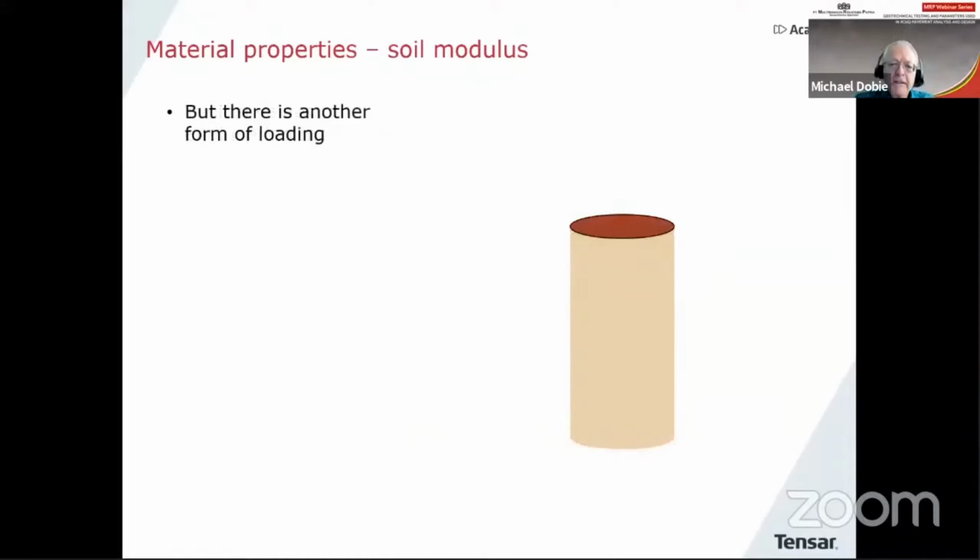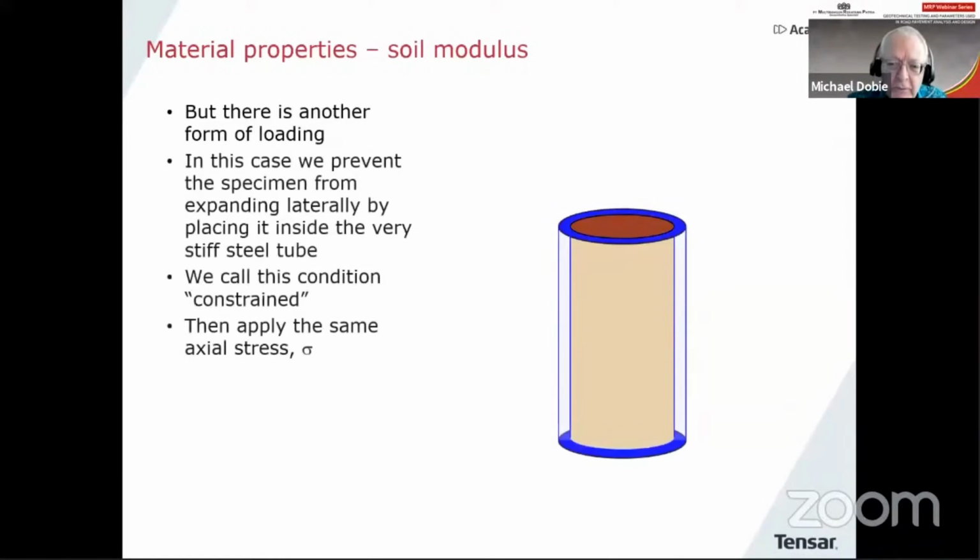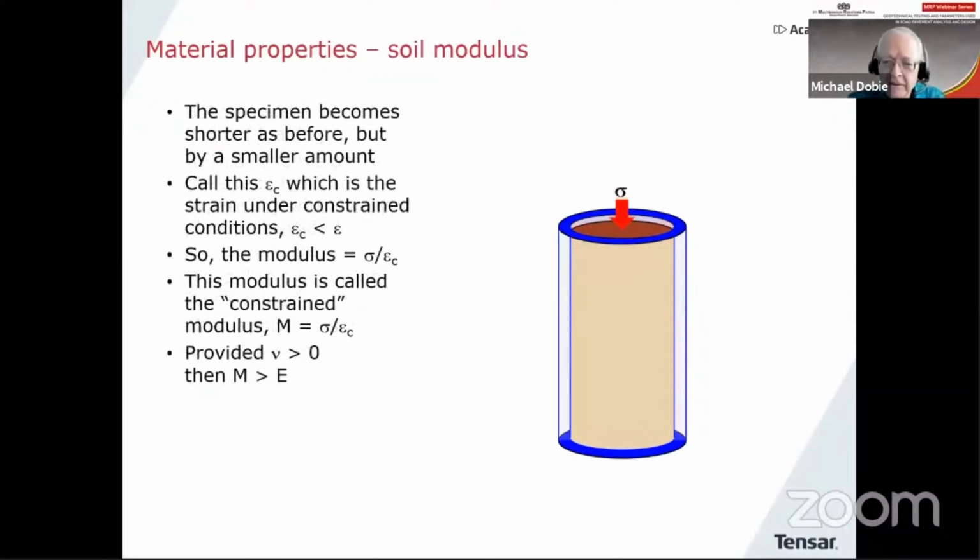So there is another form of loading. Let's go back to this image where we could do this loading inside a rigid tube and do the same test. So this means that the soil sample can't expand. So we apply sigma again, the soil becomes shorter, and we're going to call the strain in this case epsilon c because it's constrained.